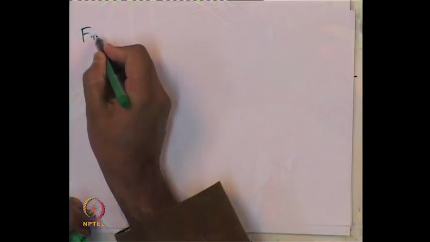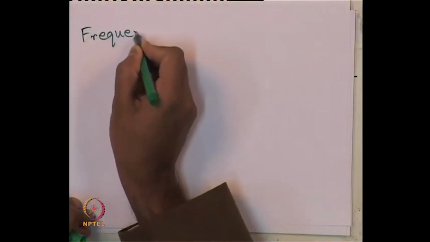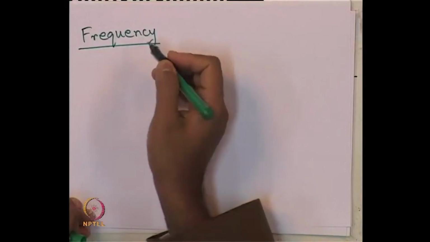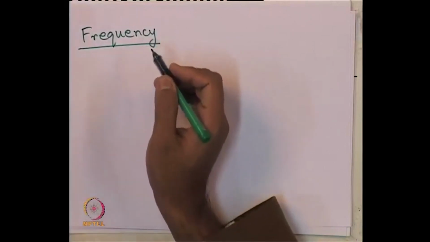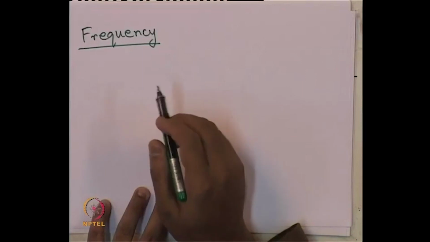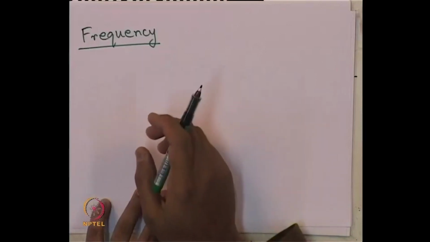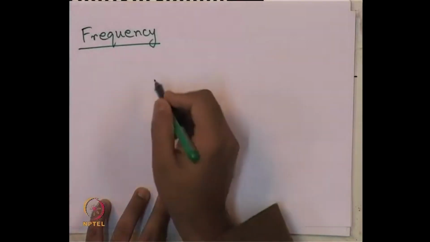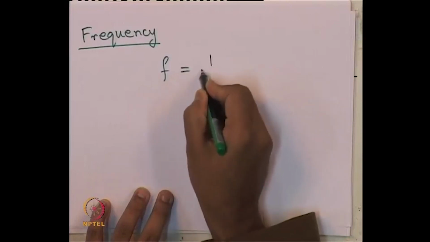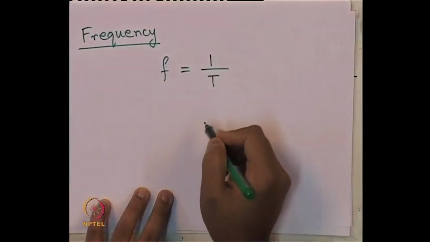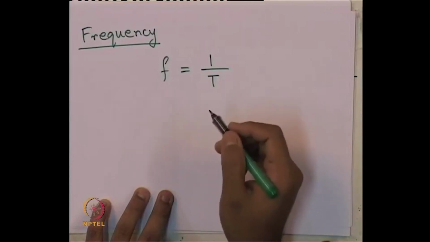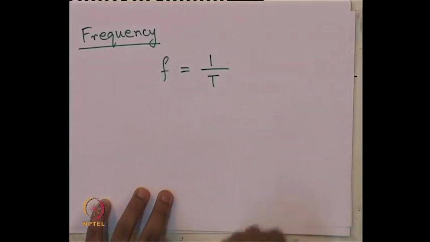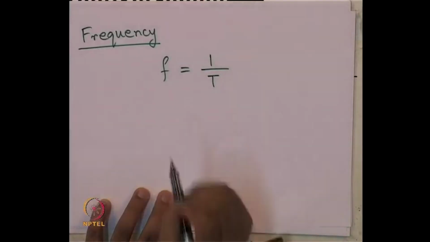Let us now define another parameter which is called frequency. What is frequency? It is nothing but the number of cycles of motion in unit time. So, frequency f can be written as 1 by T, that is, the number of cycles of motion in unit time is called the frequency of vibration.